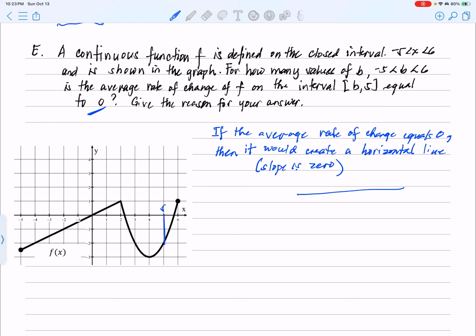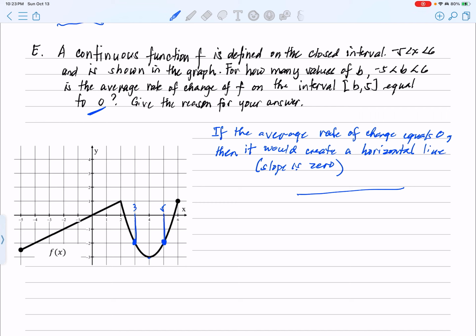And I have another one. 4 is right here. It cannot be horizontal. I want something that is horizontal to this point. 3. It hits the graph. I have the point right here.